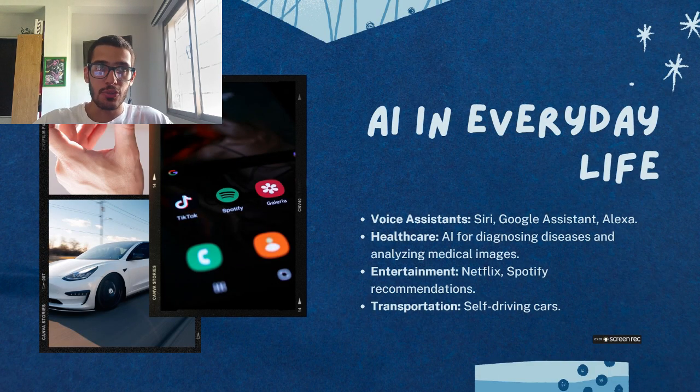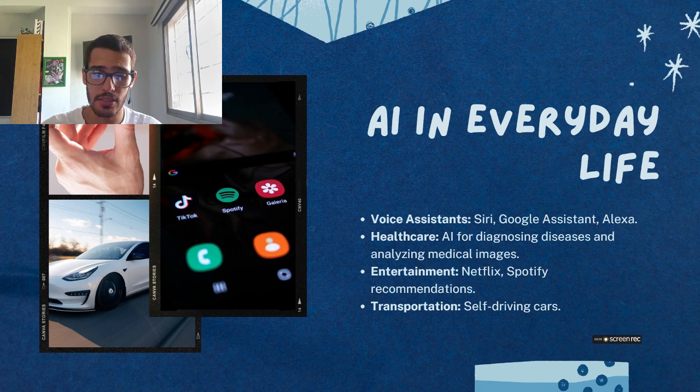Since 2022, with the release of OpenAI's ChatGPT, we've seen a lot of hype, a lot of new uses of AI in our everyday life, and sometimes we don't even realize it. Like voice assistants, Siri, Google Assistant, Alexa, Samsung's. That's AI powered software.